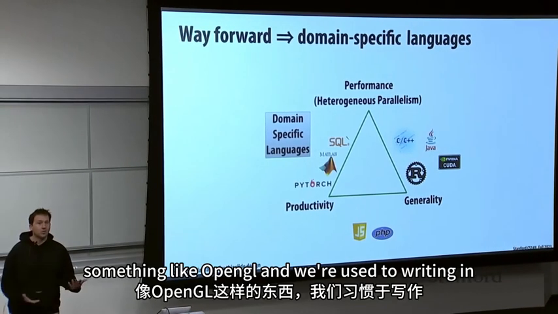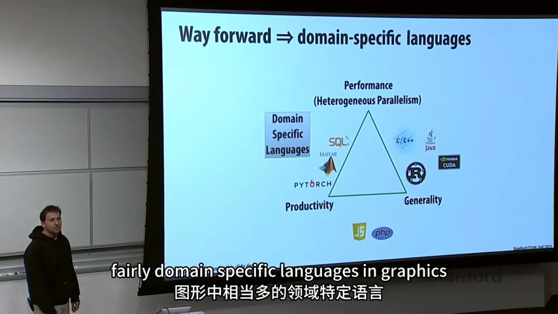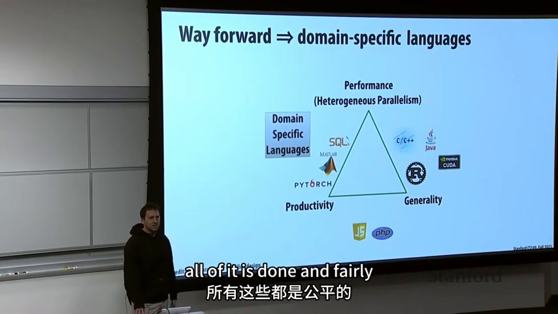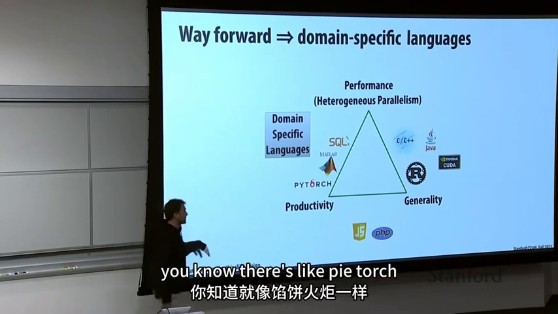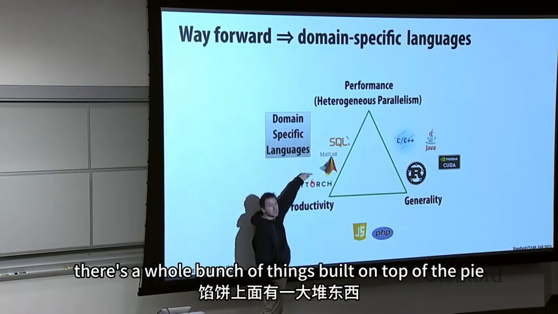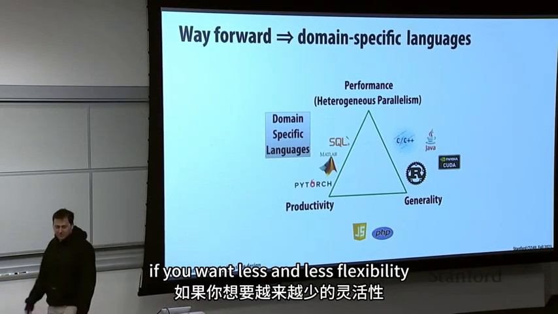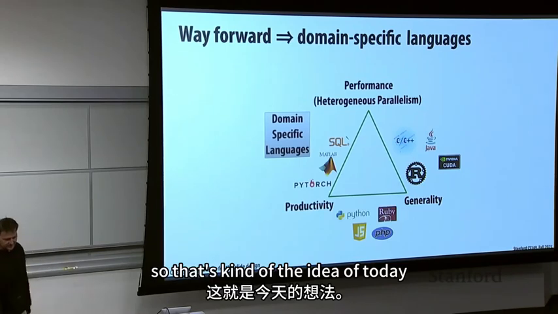If you're in graphics, something like OpenGL, and we're used to writing in fairly domain-specific languages in graphics. These days, machine learning, all of it is done in fairly domain-specific languages, and there are different levels: there's PyTorch, and then there's a whole bunch of things built on top of PyTorch to make your life even easier if you want less and less flexibility. So that's kind of the idea of today.